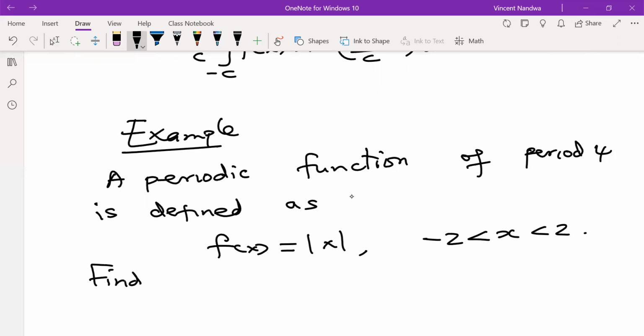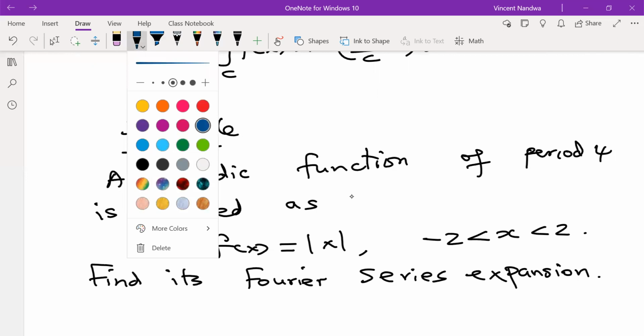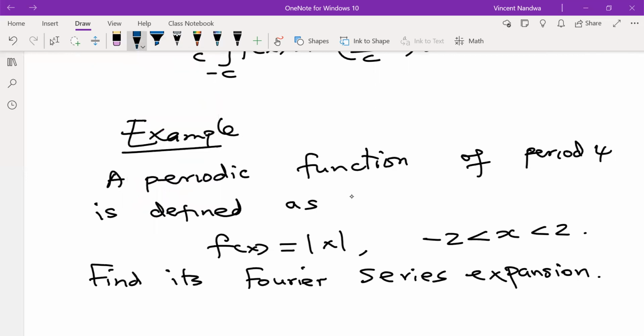Find its Fourier series. So this is where now we are not defining the function from minus pi to pi. So we have from minus 2.